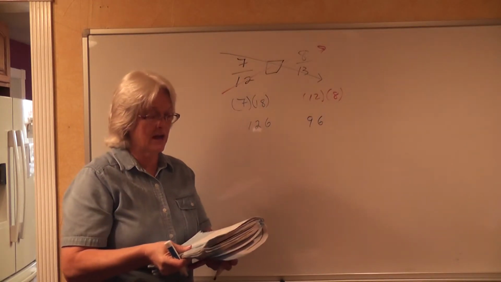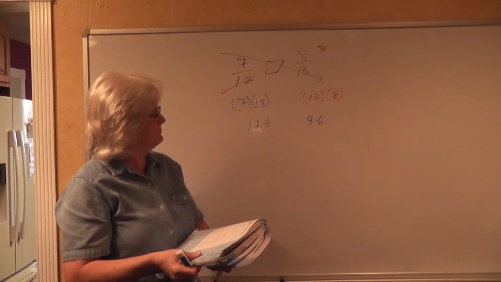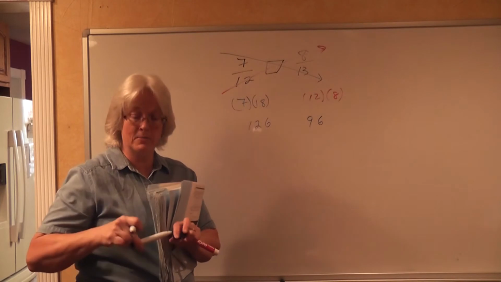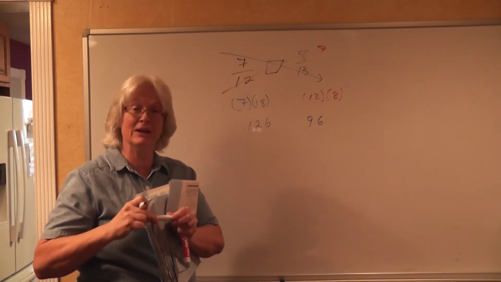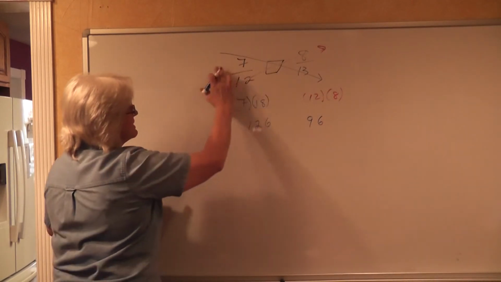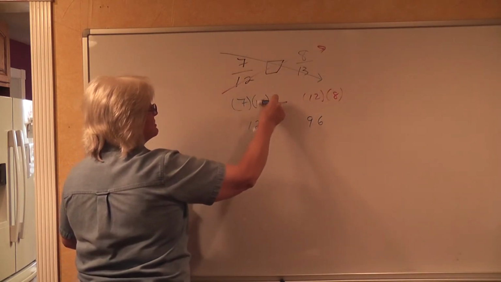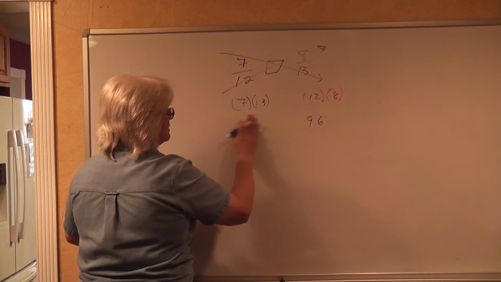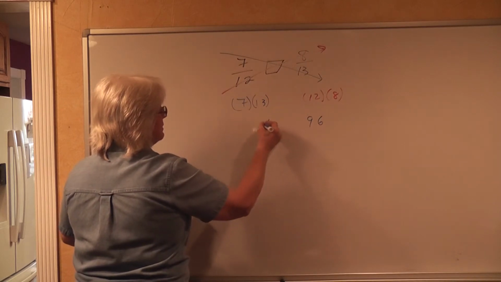So what you have here is not matching my book. And how many of you saw what I did? 7 times 13, 3 times 7 is 21, so it's 91.